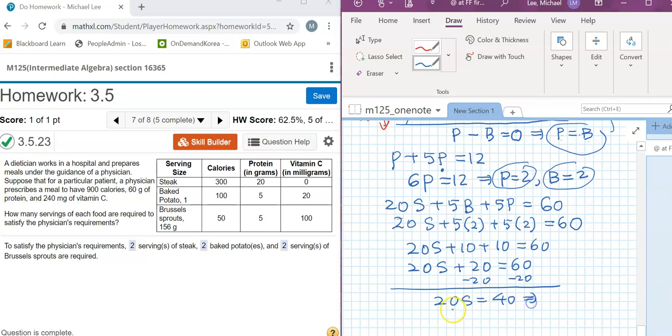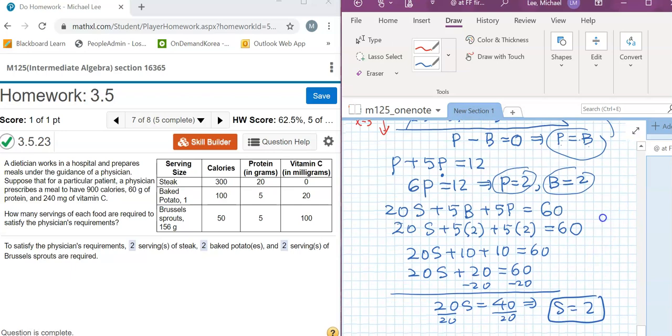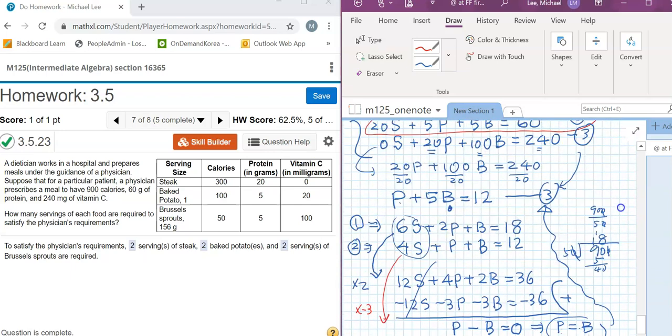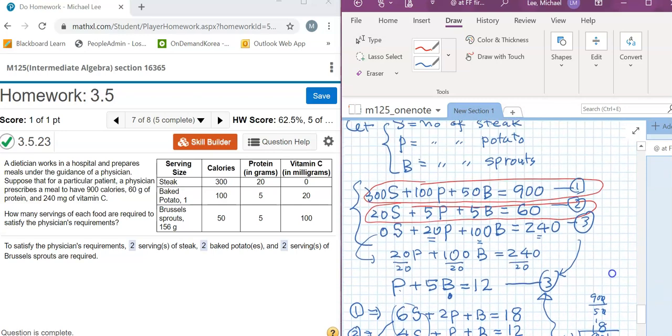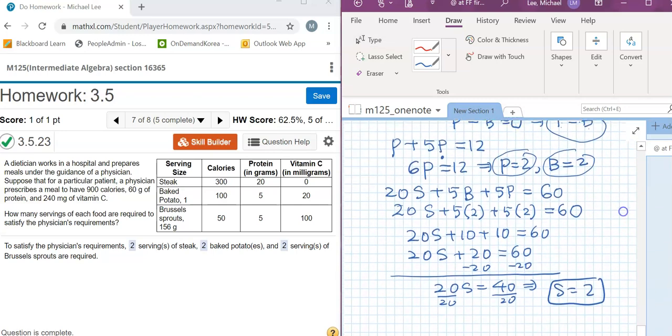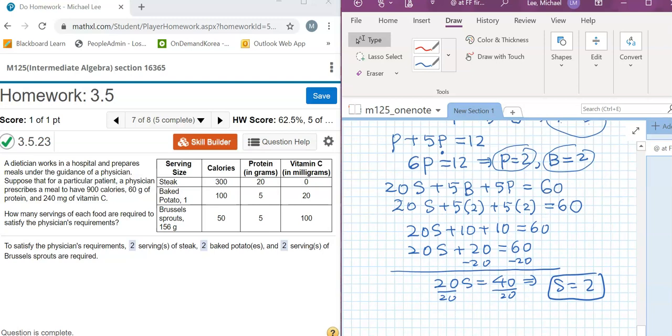That means divide by 20 on both sides, S equals 2. So all you have to do is serve 2 each: 2 servings of steak, 2 servings of potato, 2 servings of Brussels sprouts. So all servings will be 2, 2, and 2.